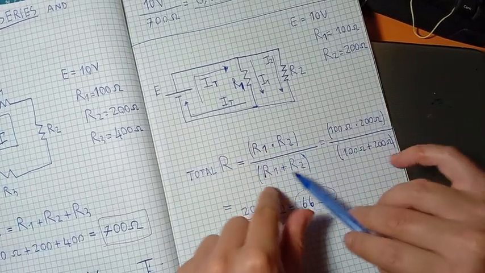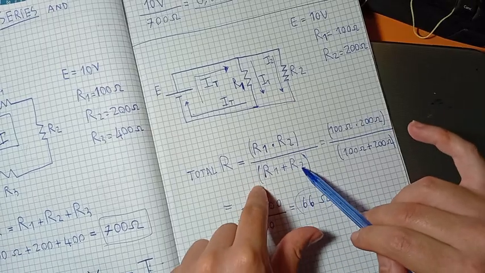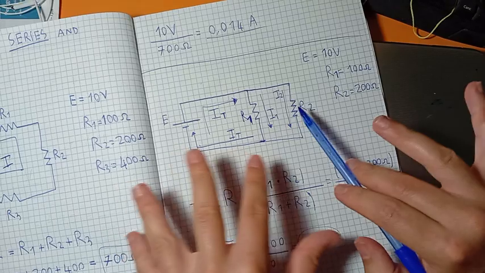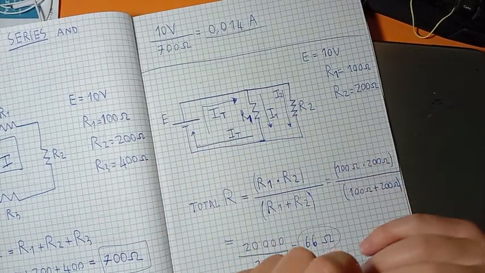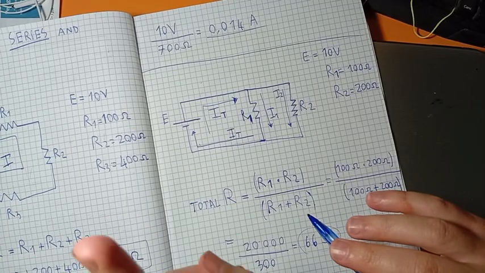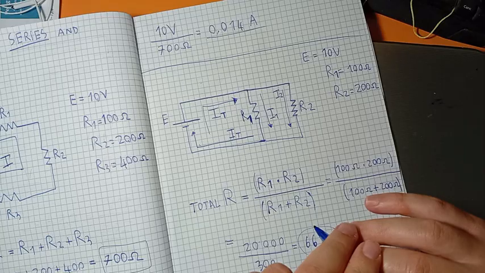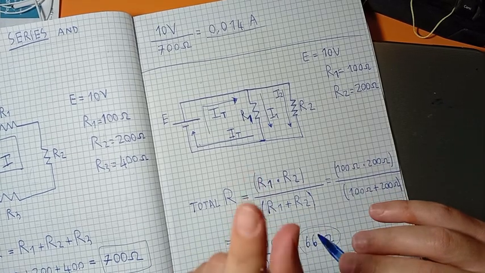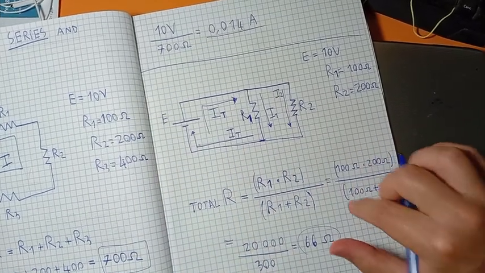This formula, this way to calculate the total resistance, you can only use it when you have two resistances, 1 and 2, okay? But when you have more than two resistors in parallel, you have to apply another formula. You have to calculate in another way. Also, I will tell you another important thing about the parallel, but later. Let's see this other way to calculate now.